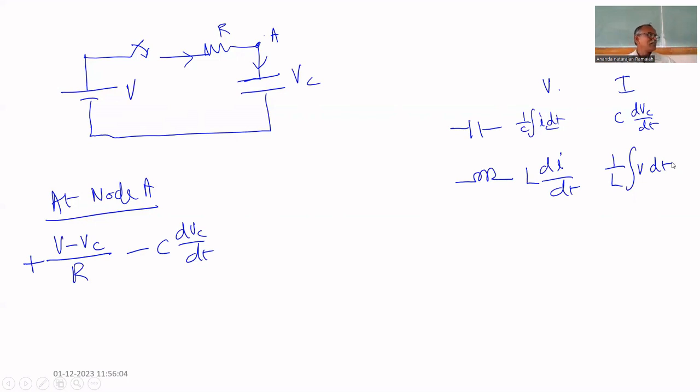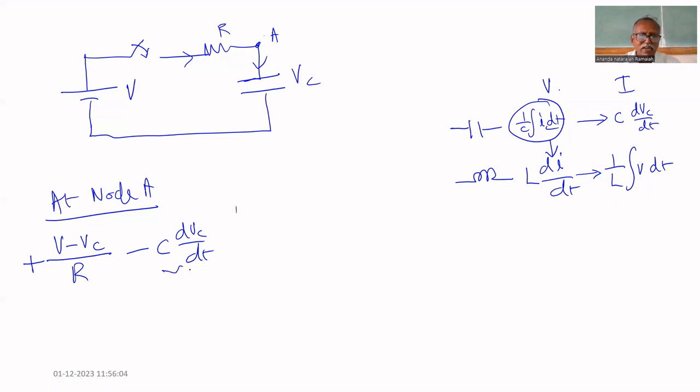If you remember that voltage for a capacitor is 1 by C integral of I dt, then for current, definitely it must be C dV by dt. Voltage for a capacitor is an integral, so for current it must be a derivative. For an inductor it is the opposite. This way you can remember.